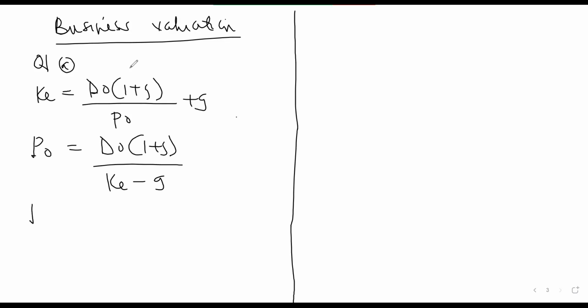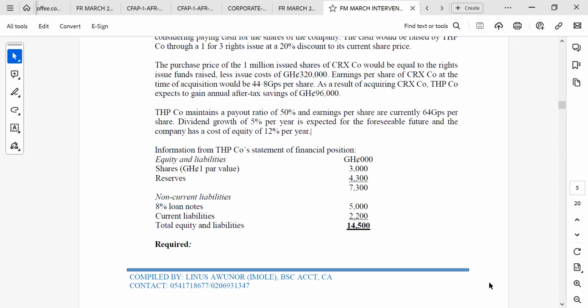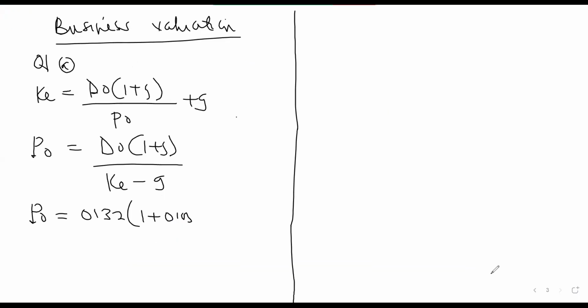Let's go to the question and get our dividends. What is our current dividend? We have gotten that already: 0.32. 1 plus our growth rate. What is the dividend growth rate? 5%, so 0.05.